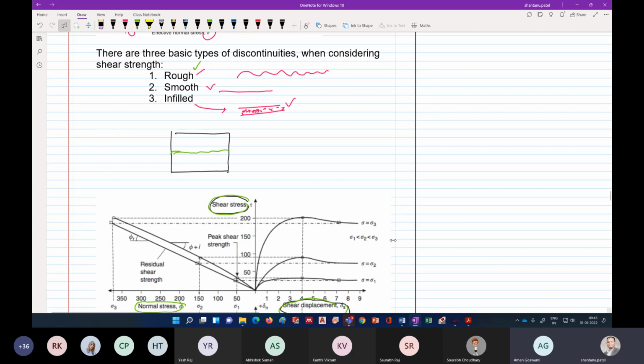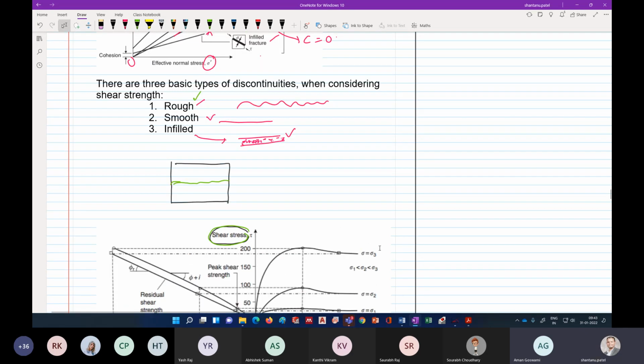What happens when we apply this vertical load to this joint? If you see it in a microscope kind of thing, there is a gap between the two joint surfaces. When you apply this load, gradually this gap reduces.